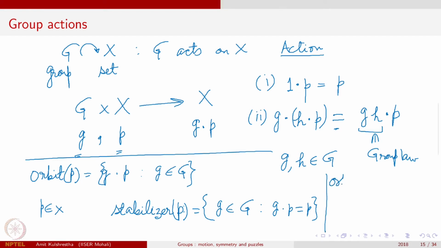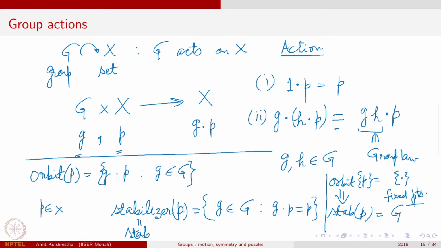So, if orbit of P is singleton, then stabilizer of P is everything, right? And such points are called fixed points. They are just fixed throughout the action. No element of group is able to move those points.